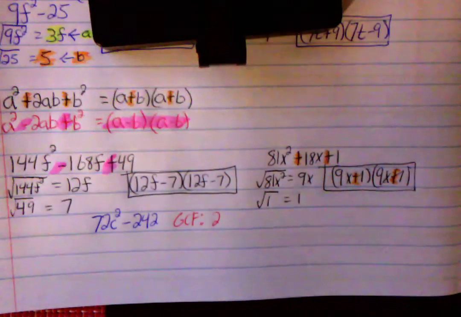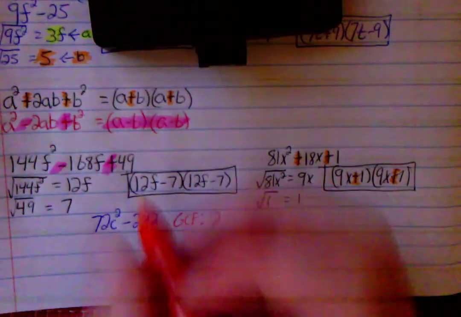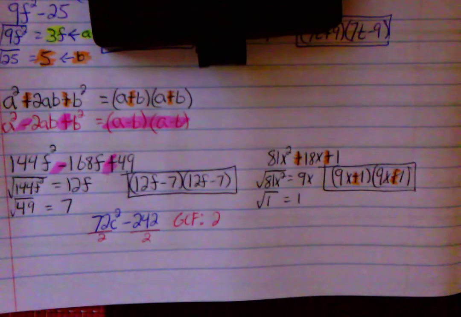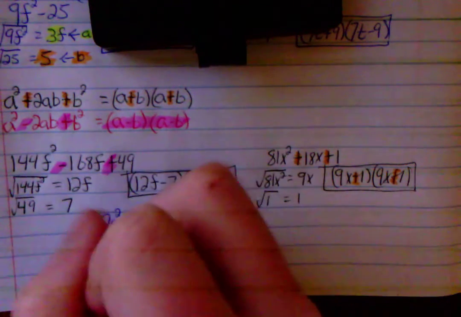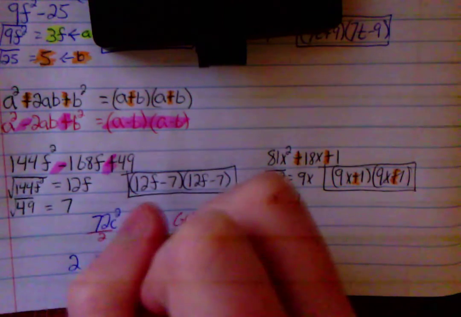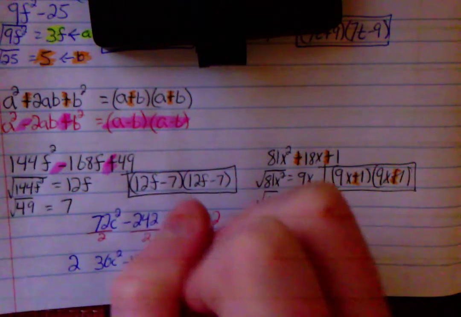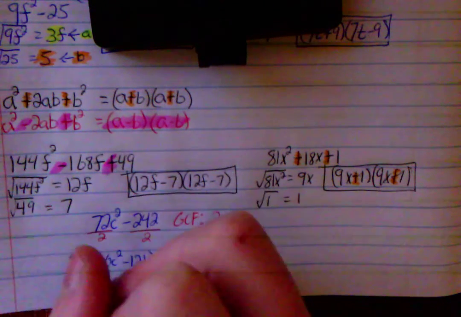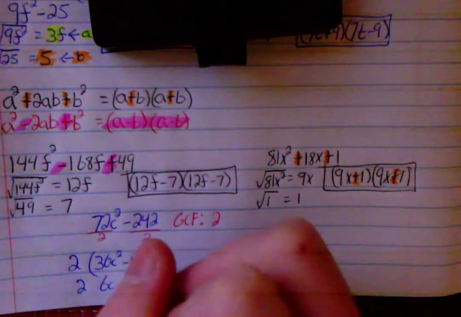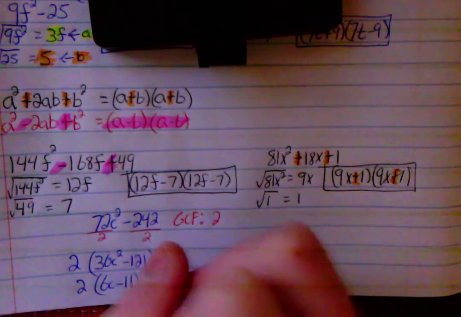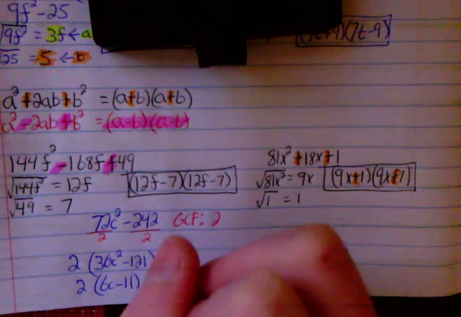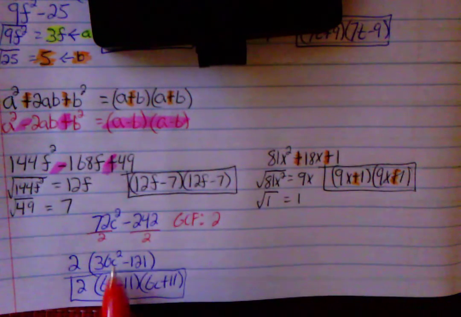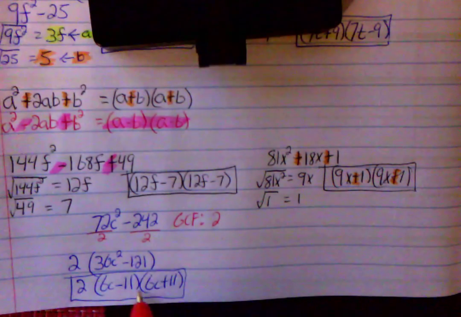Like in the other video that I made, I would divide by 2, and I would have my GCF on the outside, 36c squared minus 121. And then I would do the difference of two squares. I would have 2 times 6c minus 11, 6c plus 11.